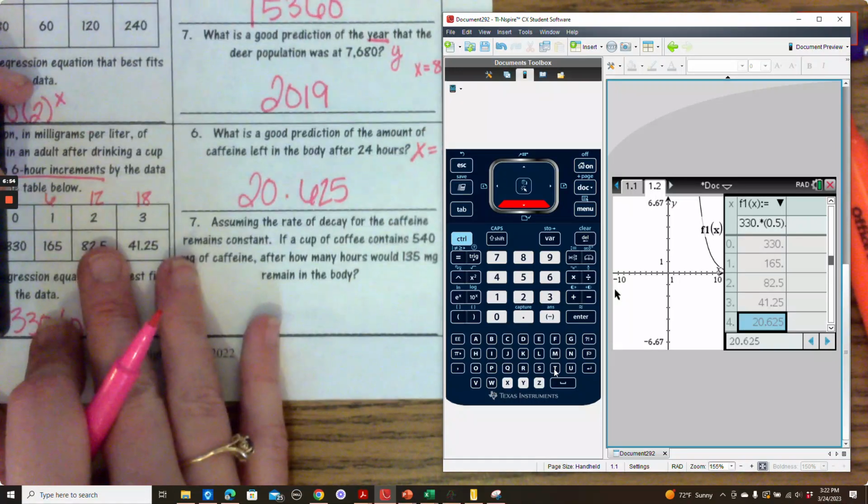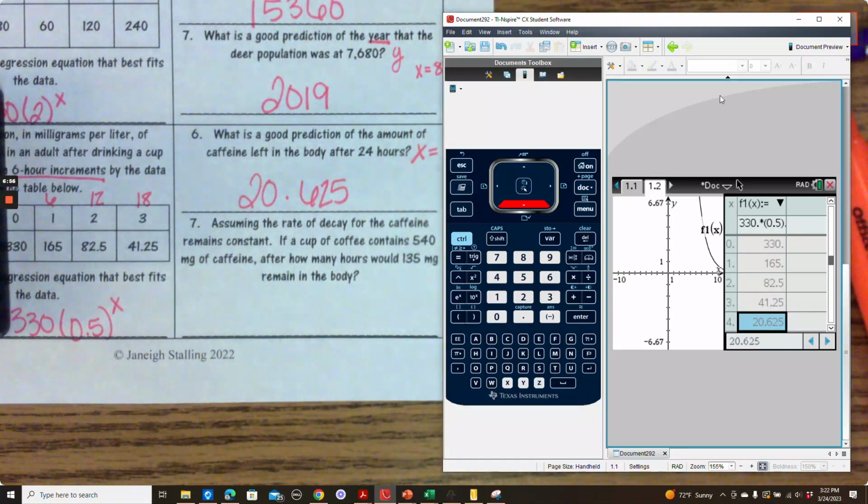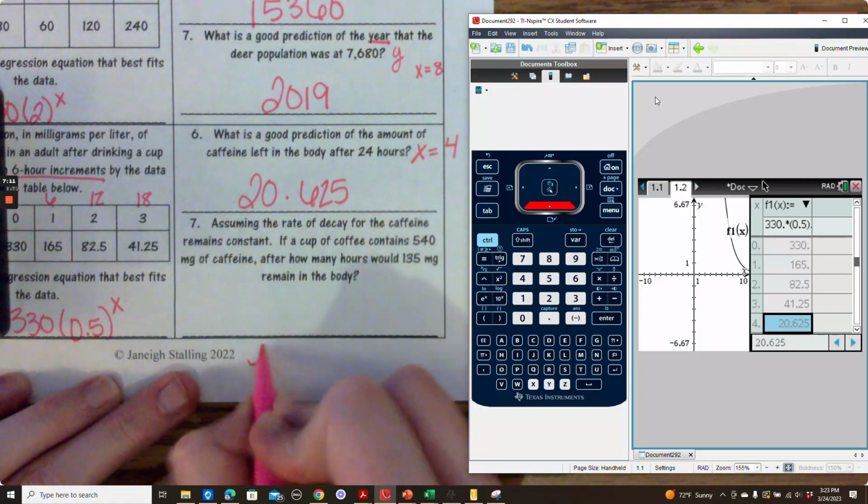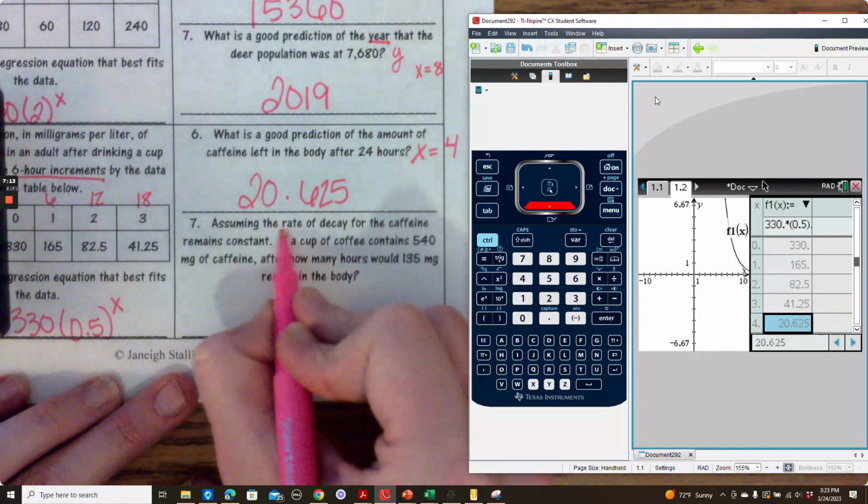It says, assuming the rate of decay of the caffeine remains constant, if a cup of coffee contains 540 milligrams of caffeine, after how many hours would 135 milligrams remain in the body? Now we have to change the regression equation. So the rate of decay stays the same.